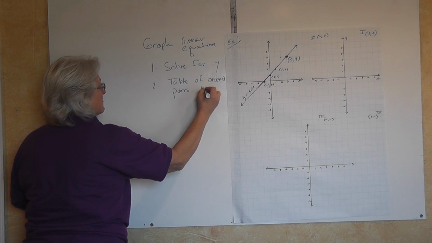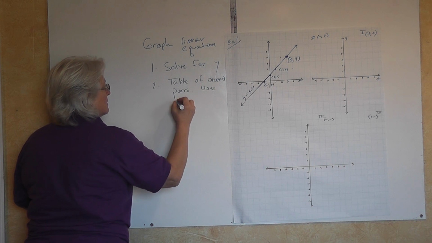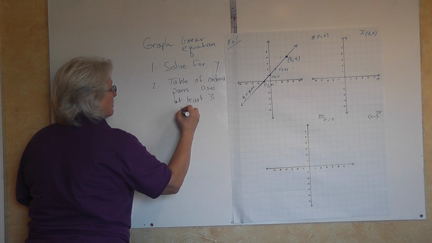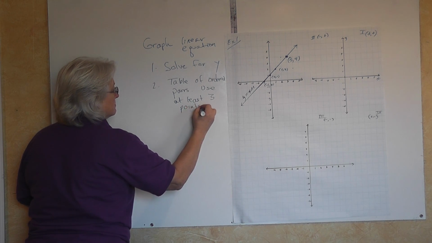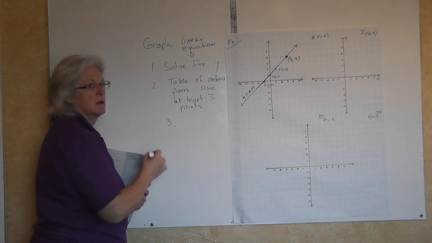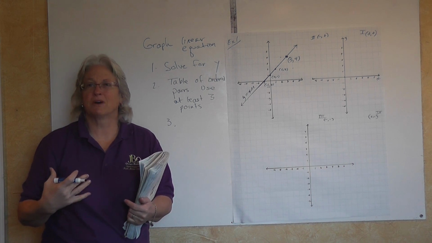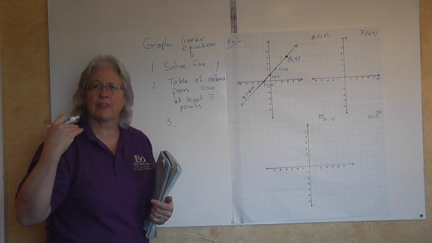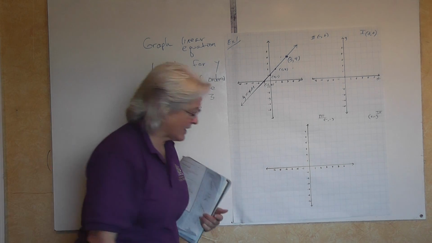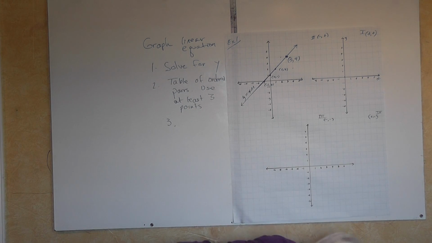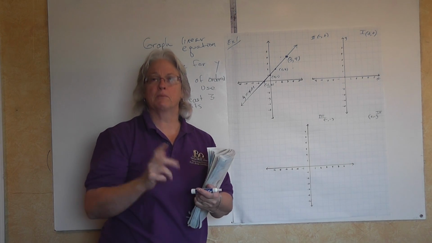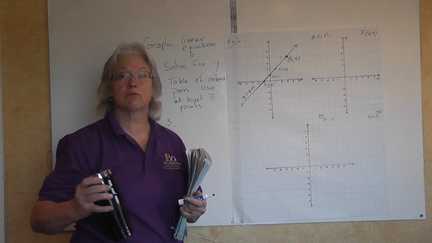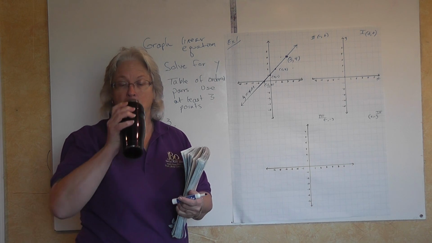Pairs. Use at least 3 points. Sometimes you might want to get a 4th one, but I'm having a hard time thinking of when you might actually want that 4th point, because from basic geometry there's, I believe, a theorem or a postulate that says any 3 points determine a line.